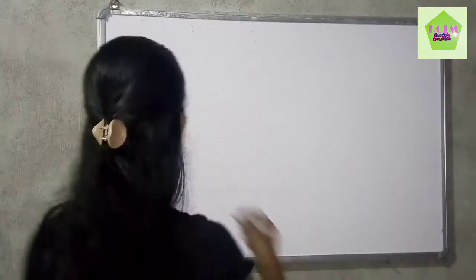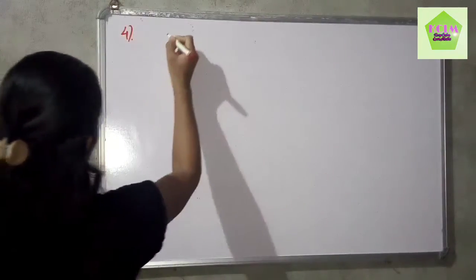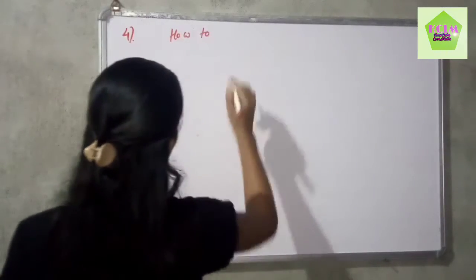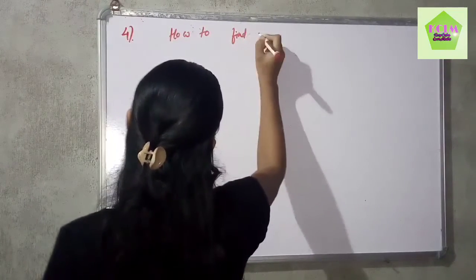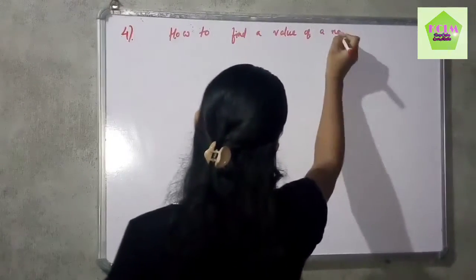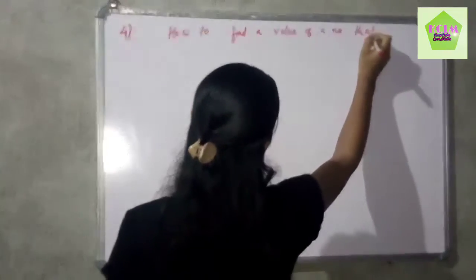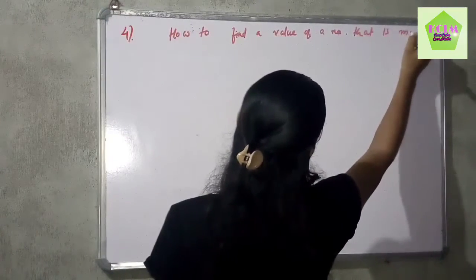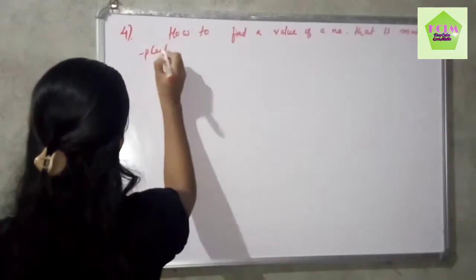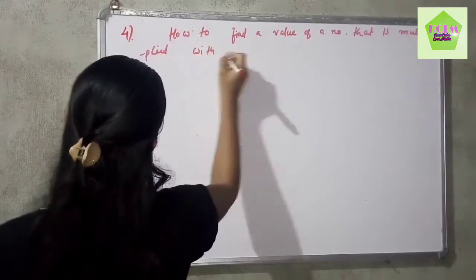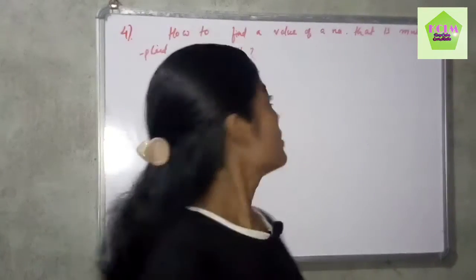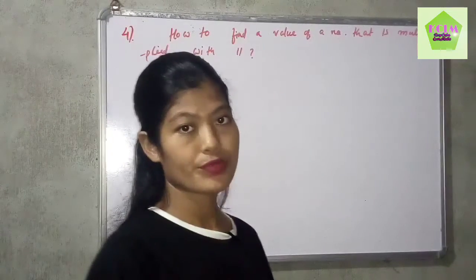So the trick number 4 is how to find the value of a number that is multiplied with 11. This means how to find the value of a number which is multiplied with 11.